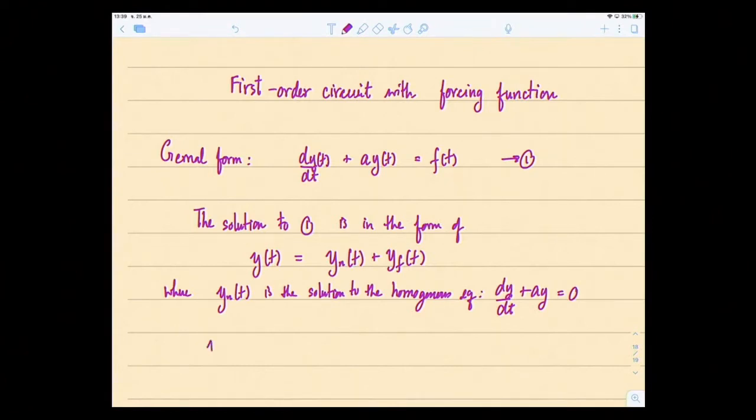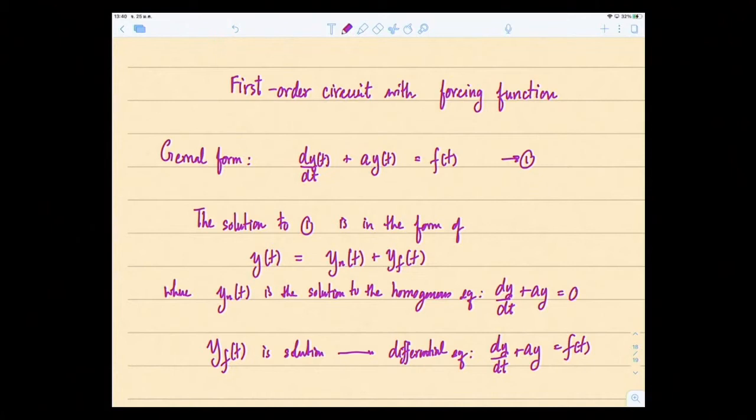The other solution is yf, which is a solution to the actual differential equation. So you have to solve dy/dt plus ay equal to the forcing function that you have.